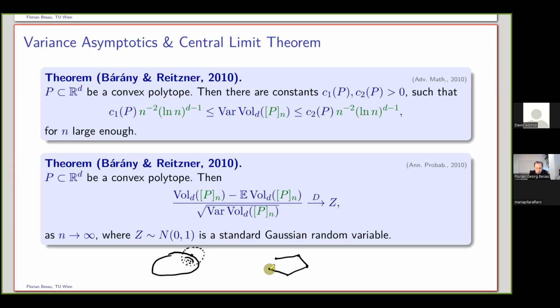However, if you try to do the same argument with a polytope, then you notice that for a polytope the only extreme points are the vertices. And if you look at the vertices and random points nearby, then it can happen that a new point near another vertex suddenly has a heavy influence on the boundary structure of the random hull, right?